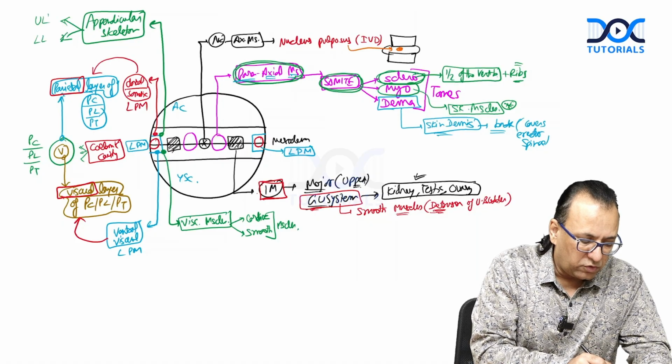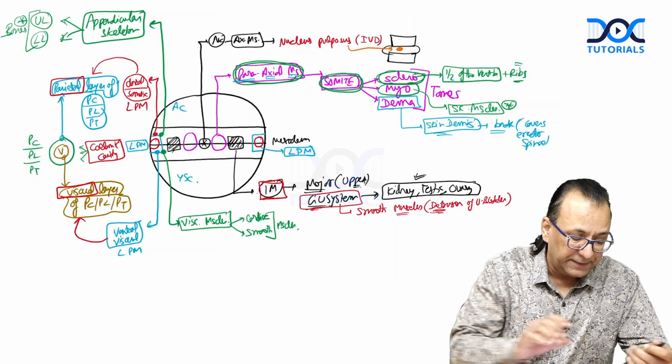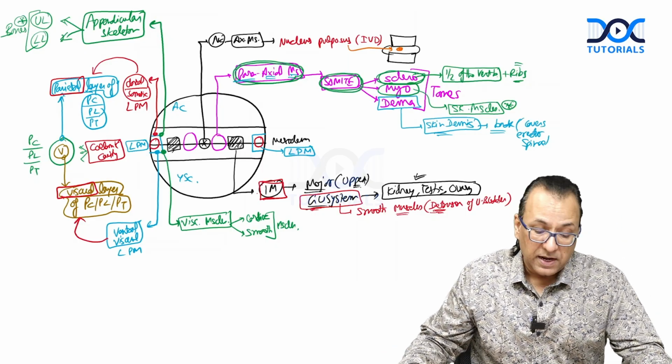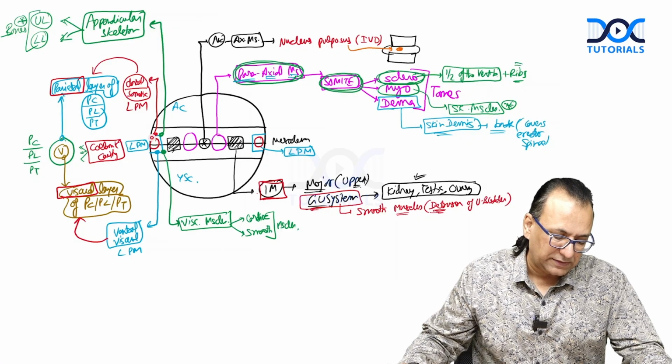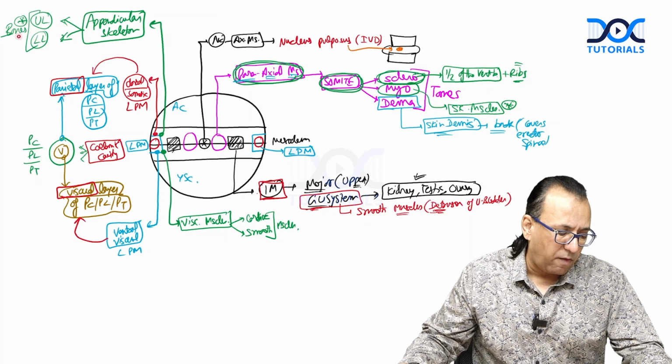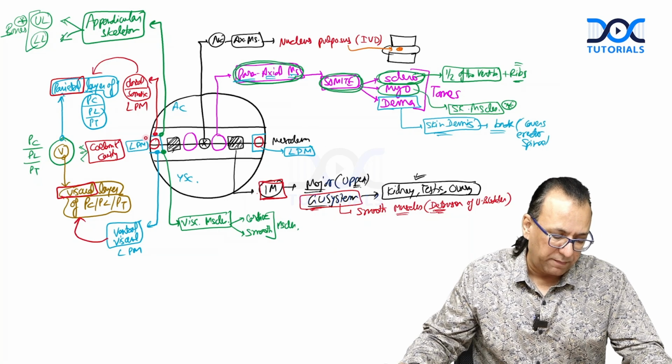That could be the humerus bone or the femur bone. All these bones, this appendicular skeleton, are coming from dorsal somatic lateral plate mesoderm.